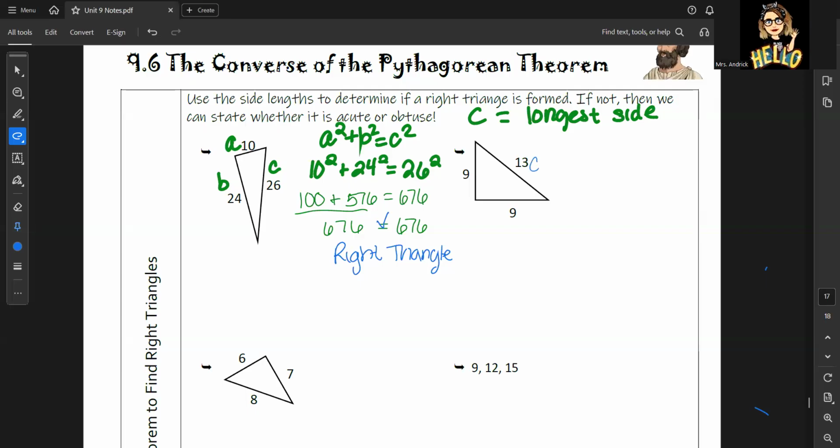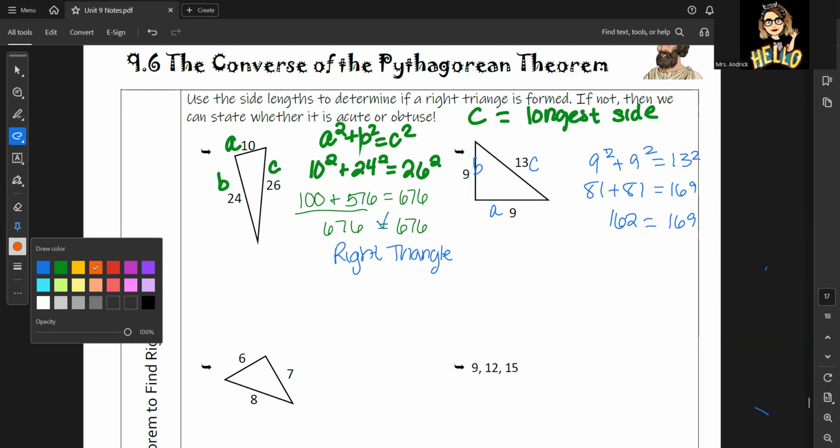So hopefully you said this was C, this was A and B. So you did 9 squared plus 9 squared equals 13 squared. So 81 plus 81 equals 169. 81 plus 81 is 162, which is not the same as 169.